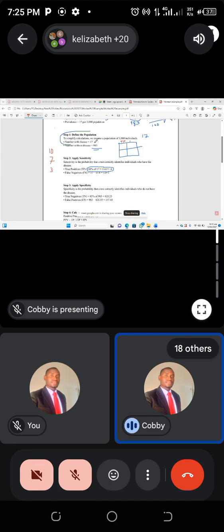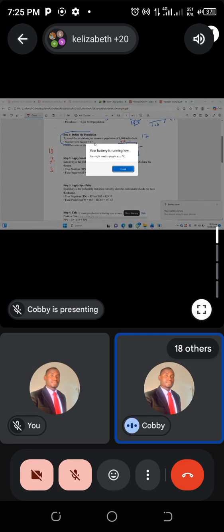So the test that is going to be used at the lab is going to identify 80% of people who have the disease, or 80% of people who have the disease are going to test positive. So now we calculate what is 80% of 17.